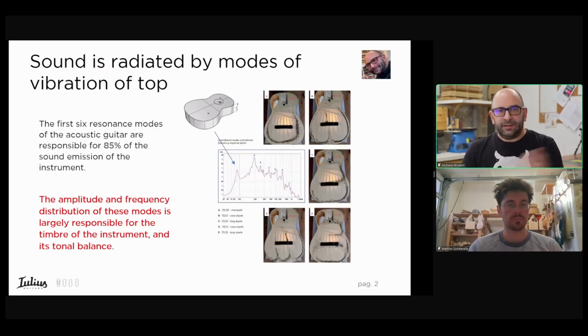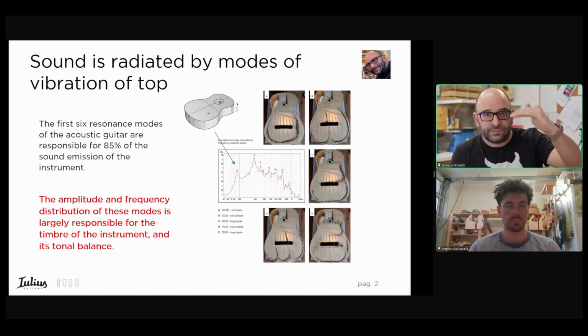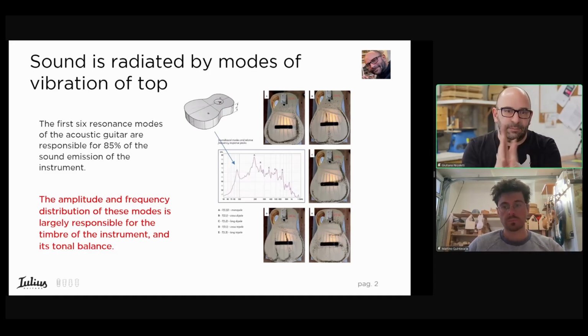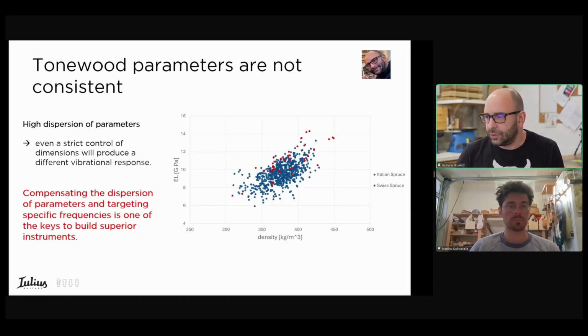The sound of an acoustic guitar is radiated by modes of vibration of the soundboard, and the first 6 resonance modes are usually responsible for around 85% of the sound emission of the instrument. The amplitude, intensity, frequency, placement, and distribution over the whole frequency response of the guitar are largely responsible for the timbre of the instrument, its tonal balance, and also the intonation of the guitar. The problem is that tone wood parameters are not consistent.